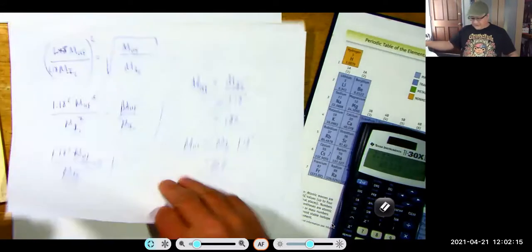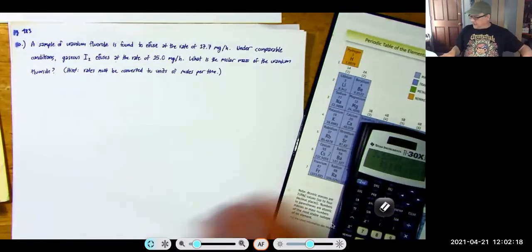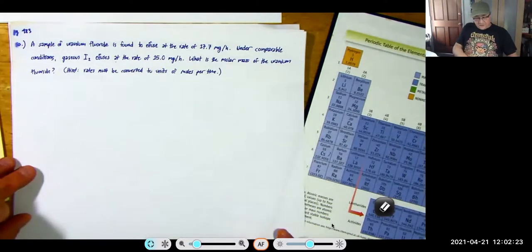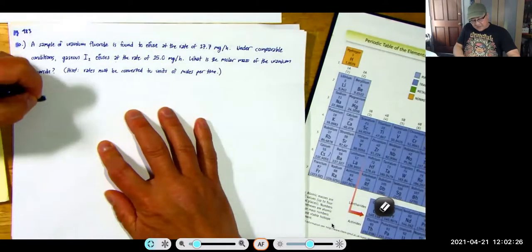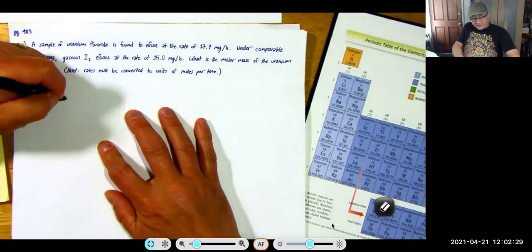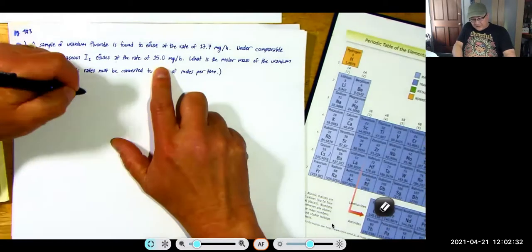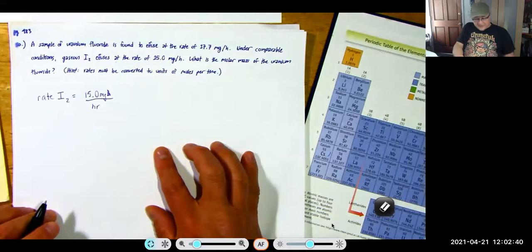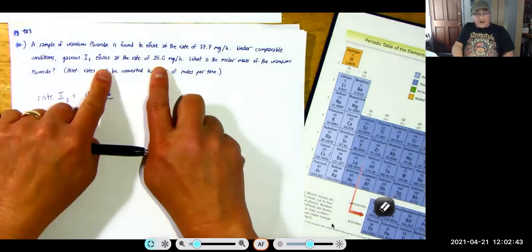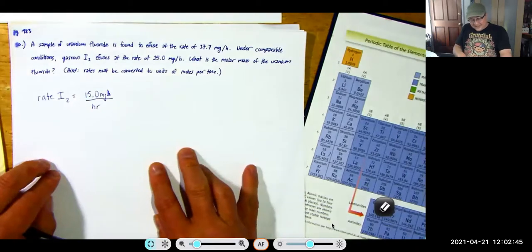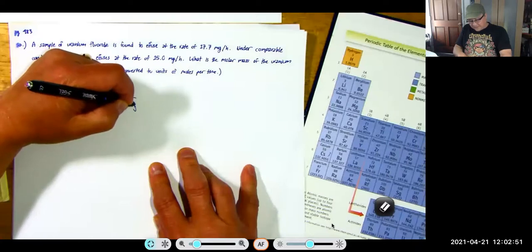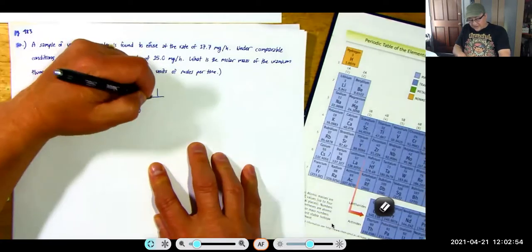So just so that you can see it all in one place, here we go. Are you ready? So the rate for I2 is equal to 15.0 milligrams per hour, and that's with me carefully reading the problem, times 1 gram over 1,000 milligrams times 1 over the molar mass of I2.